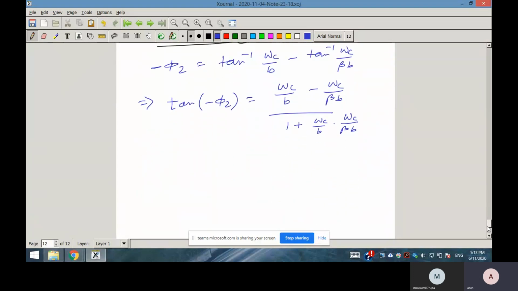So from here, what you can write? From here, you can write tan of minus phi 2 is equal to omega c by b.